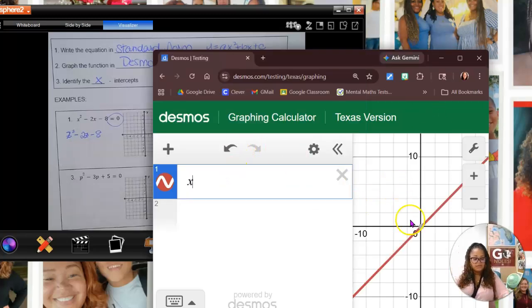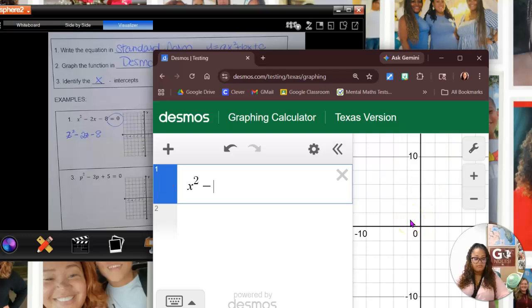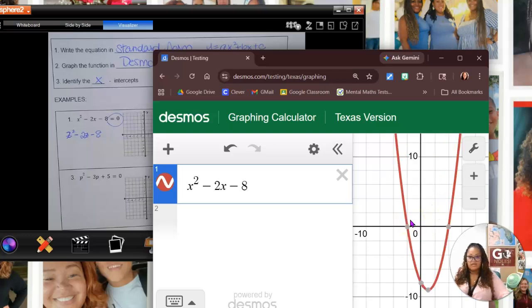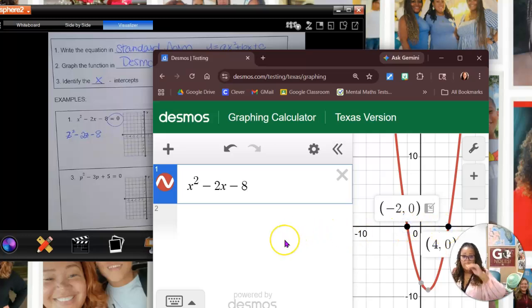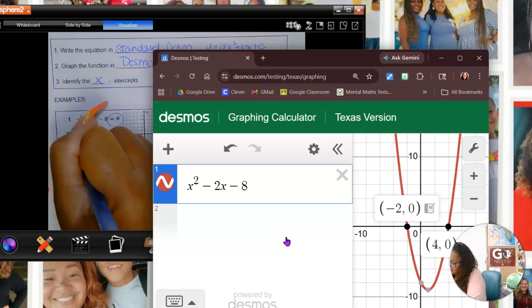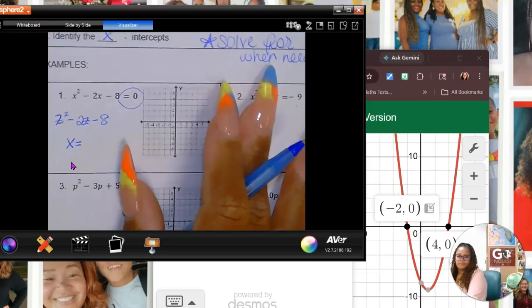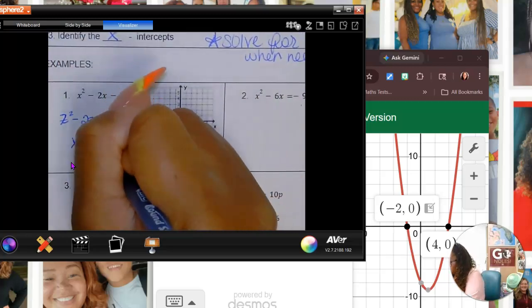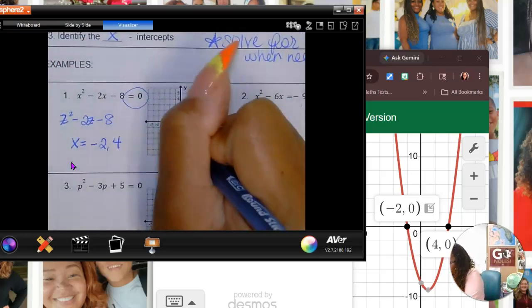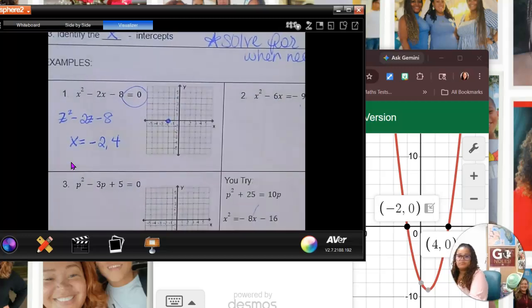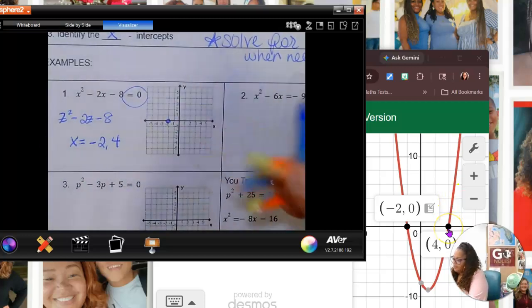So x squared minus 2x minus 8. Now look and see where they cross the x-axis. That's negative 2 and 4. So x equals negative 2 and 4.